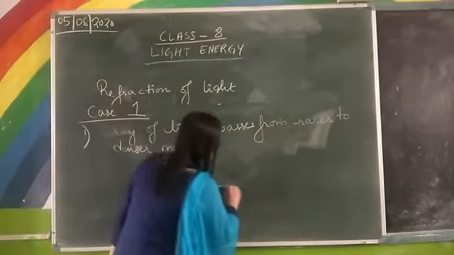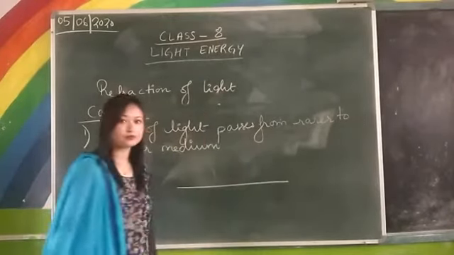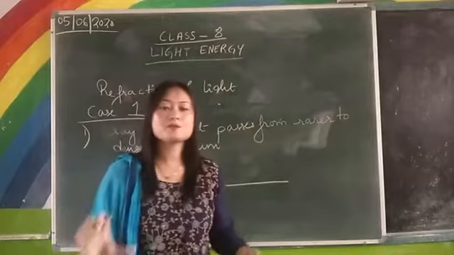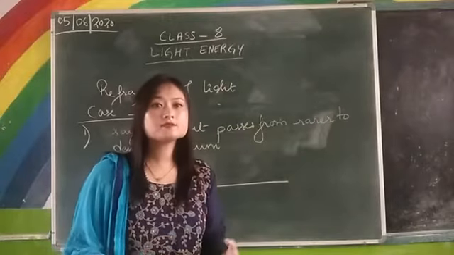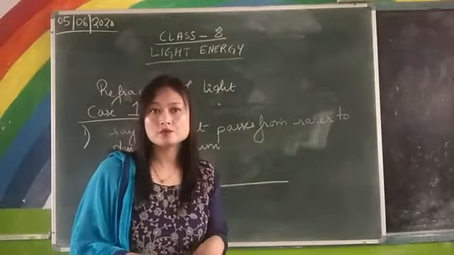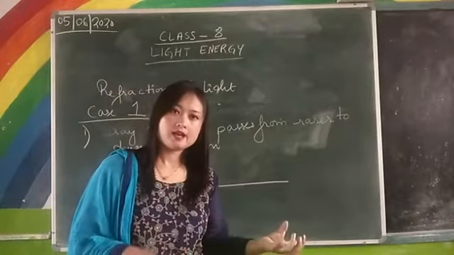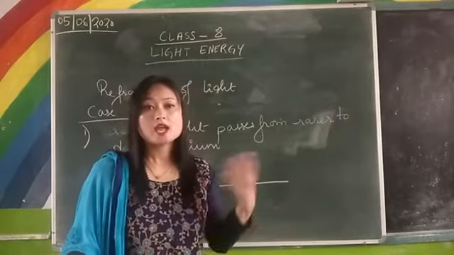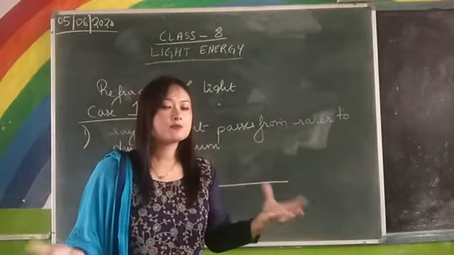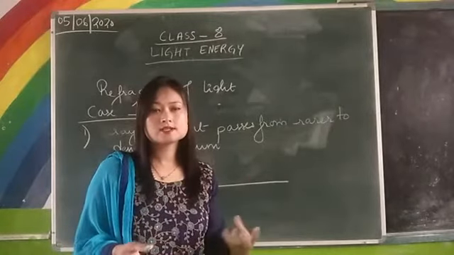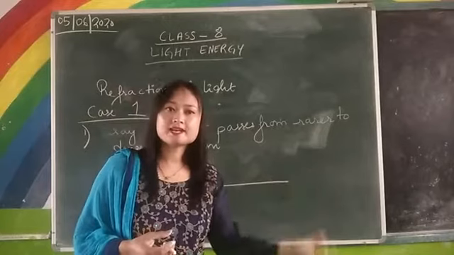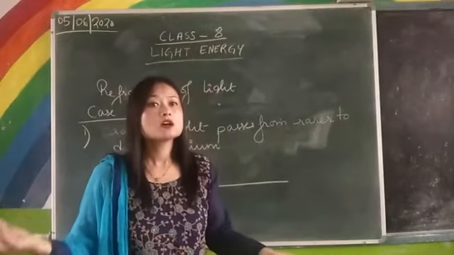Now what do you mean by rarer and denser? Rarer medium means where the particles are less, and denser medium means where the particles are more. Example, air and glass. In air the particles are very much far apart, isn't it? So we say air is comparatively less dense than glass.